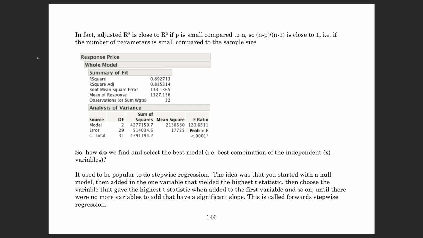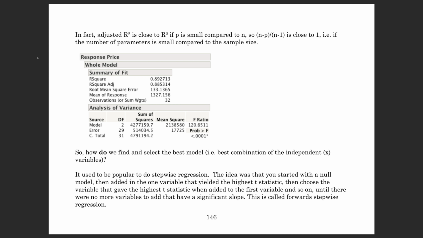If we looked at the auction example, this shows us the analysis of variance table, and it tells us the f-test. So this says the total sum of squares is 4791194. The error sum of squares is 514034.